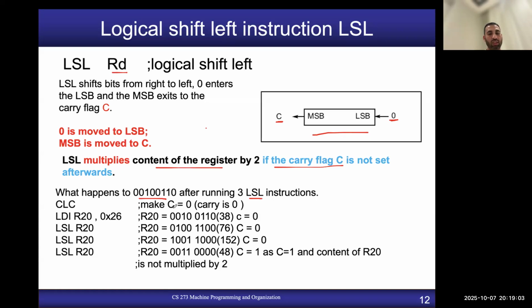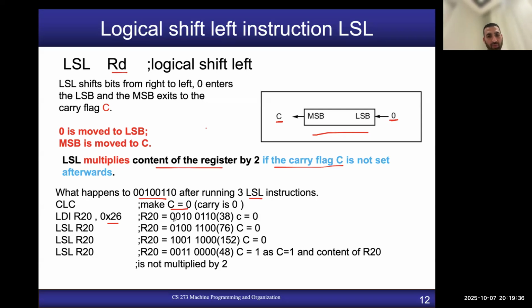Initially we are clearing the carry flag, and then we are loading the value 0x26, which is simply the hexadecimal form of the same bit pattern, into R20. Now when you say LSL R20, remember, the most significant bit will go to the carry, 0 will be placed into the least significant bit, and all other bits will be shifted one position toward the left.